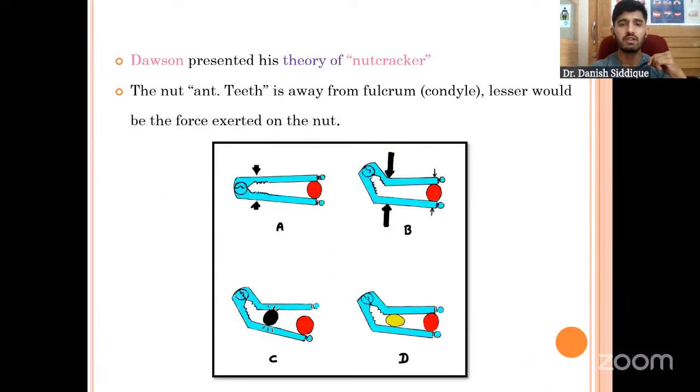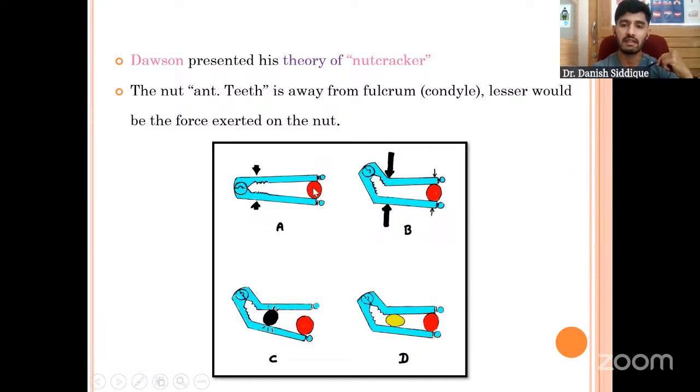So this was a theory given by Dawson, where he suggested which of the anterior determinant and the posterior determinant has more impact on your occlusion or the pain the patient has, on the basis of the nutcracker theory. That is, anything closer to the screw will have more effect on the TMJ. For example, imagine this as the TMJ, this as the posterior teeth, and this as the anterior teeth.